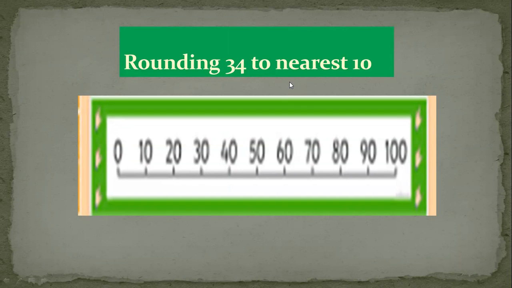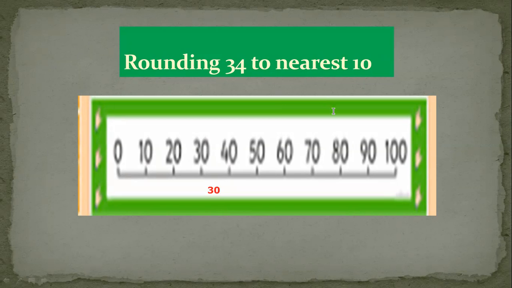So 34 is less than 35. So what will be the nearest 10 to 34? It is going to be 30. Why? Because it is less than the midpoint.